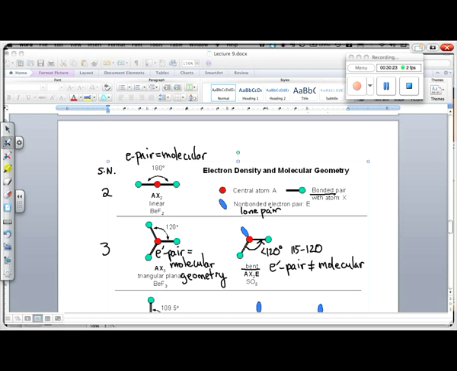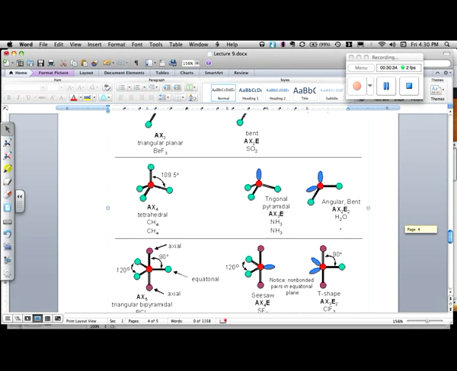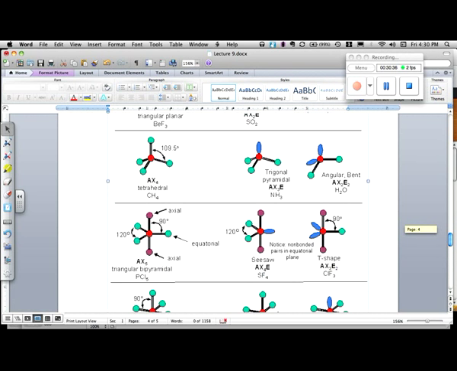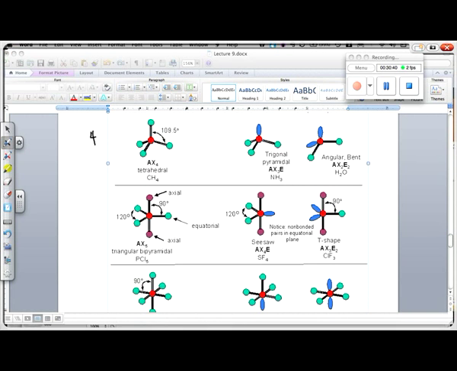Now, and then if you scroll down to the higher geometries of 4, 5, and 6, the same kinds of ideas apply. So 4, 5, and 6, here, left column, everything in this row has an electron pair geometry that is tetrahedral.